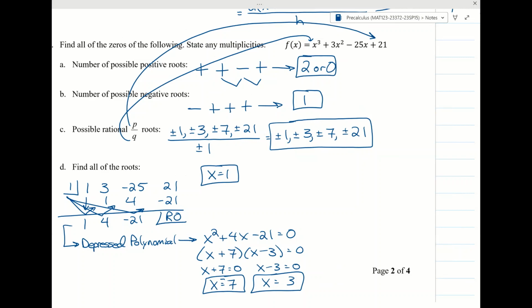And the way you get the number of negative roots is you change the signs of the odd powers of x. So odd would be 3 or 1. Instead of those signs being positive and negative, you switch those to be negative and positive. Does that make sense? And then you count the sign changes from there.